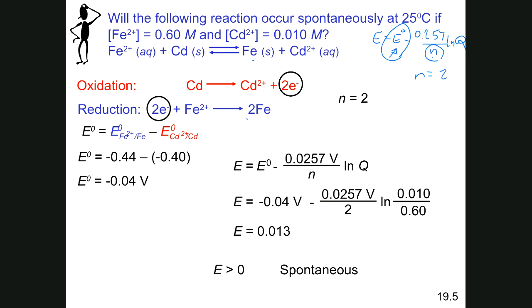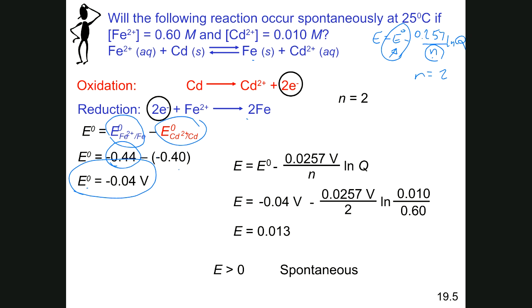So we have the cathode minus the anode, and you find these numbers from the table. For iron it is minus 0.44, and for cadmium it is going to be minus 0.40. Cathode minus the anode, you have the E0. E0 is negative. It's not a very large number, but it's negative.